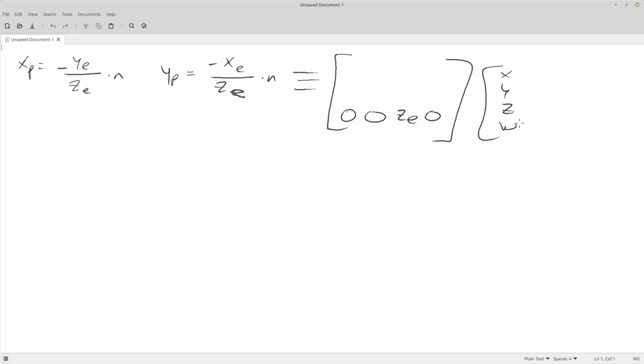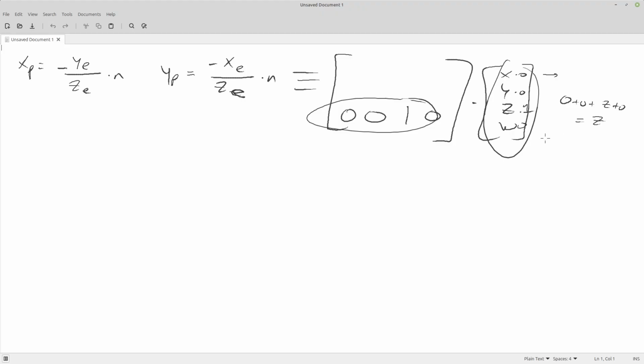The way this works is we'll take this, multiply by this, which means the 0 will go here, the second 0 will go here, and this will not be z sub e, sorry, this will be 1, because we want to bring the z sub e through, times 1, and then times 0, which would be 0 plus 0 plus z plus 0 equals z, which means in the final result the w would be our z sub e. Alright, that's the idea. Cool.